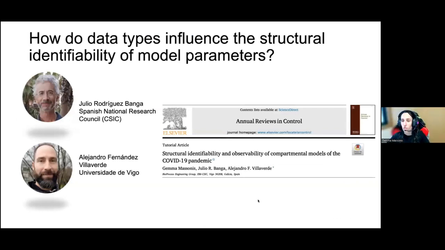Okay, so what we did is like a tutorial article. We studied multiple models that were applied during the pandemic, and we studied the structural identifiability and observability. What does it mean that a model is observable?